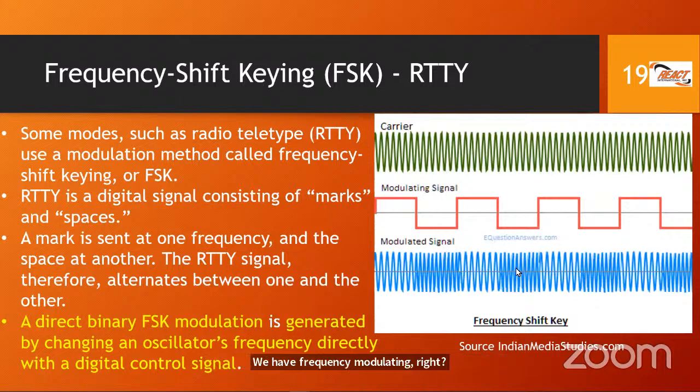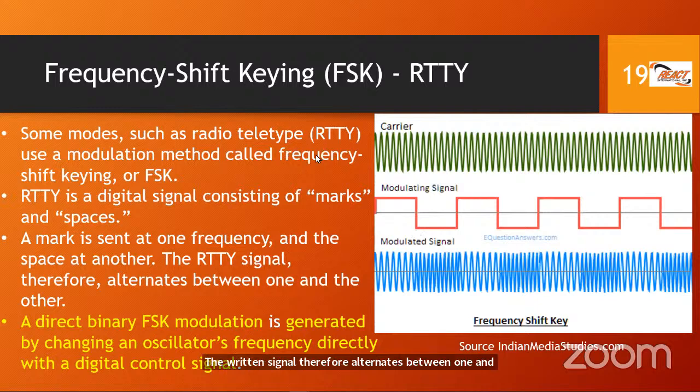We are repeating this frequency here, here, here, and here, and we're repeating the other frequency here, here, here, and here. So those are the two frequencies being used, and we're alternating between one and the other. This frequency, then it switches to this frequency, in sync with the modulating signal, which is a digital signal of ones and zeros. So a mark is sent at one frequency and the space at another. The RTTY signal therefore alternates between one and the other.